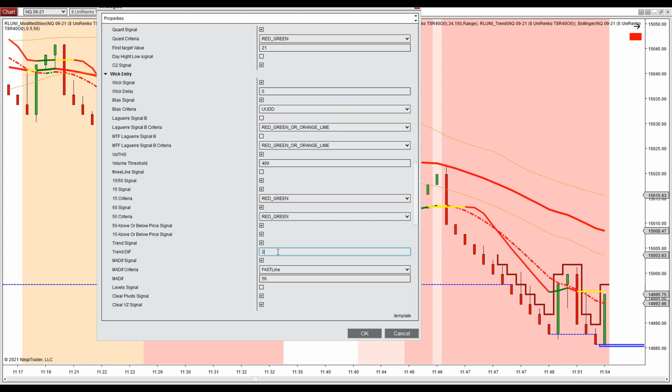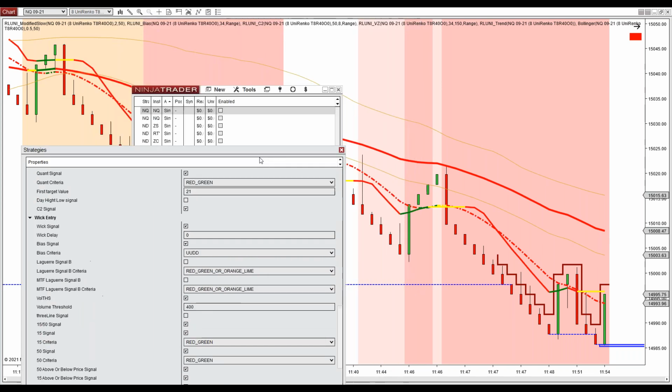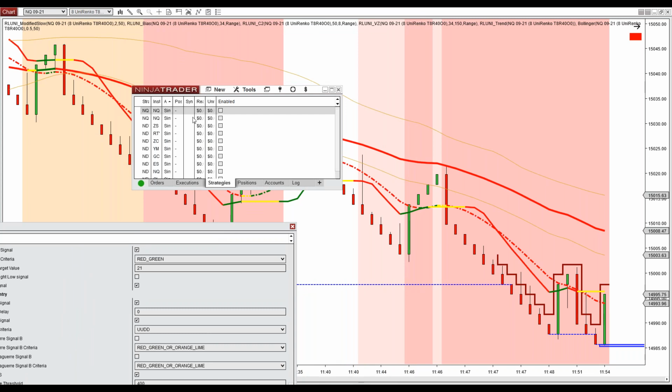Now, it's going to respect the difference between the trend and the 15, so that there must be 2 ticks of difference between the trend and the 15, where the trend is lower than the 15 on a short, higher than the 15 on a long, both red or both green.